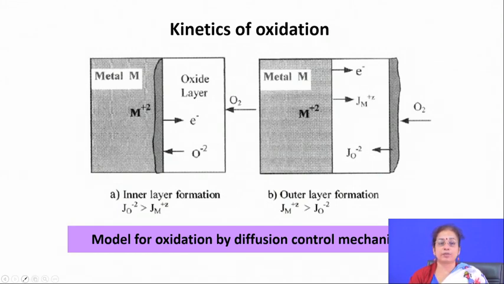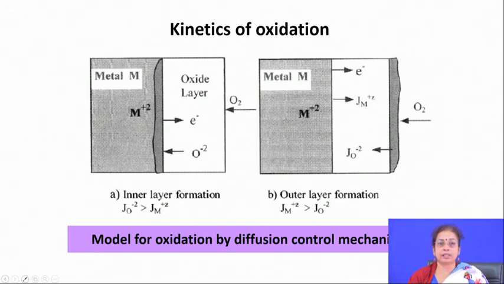So, at the interface between the oxide layer and the metal, there is oxide formation. When the oxygen ingresses through the oxide scale, comes to the metal surface and there is formation of oxide scale, in that case the oxidation proceeds in the inward direction.